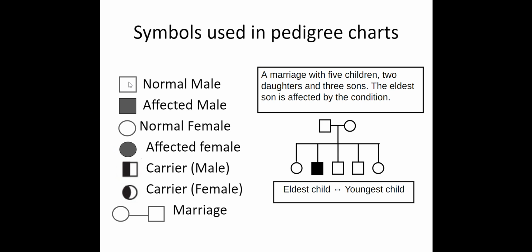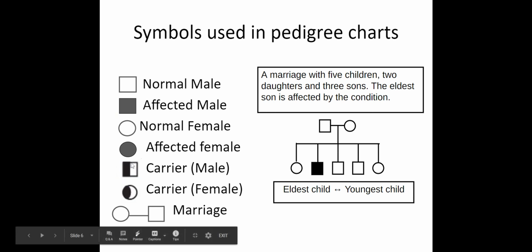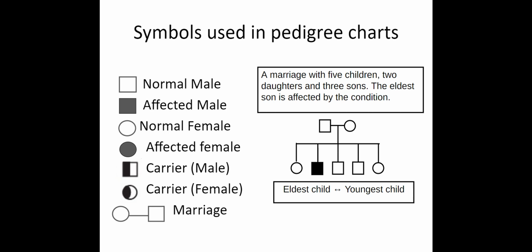So the person who does not have it and the person who has it is either homozygous dominant or homozygous recessive. But if you've got a half shaded circle or box, then you are a carrier and you have the dominant trait and the recessive trait. You've got a trait for the disease and a trait not to have the disease. And these are where the alleles are being passed from parents to offspring. But we don't know that it's being passed because the parent does not show signs or symptoms of that disease or disorder.